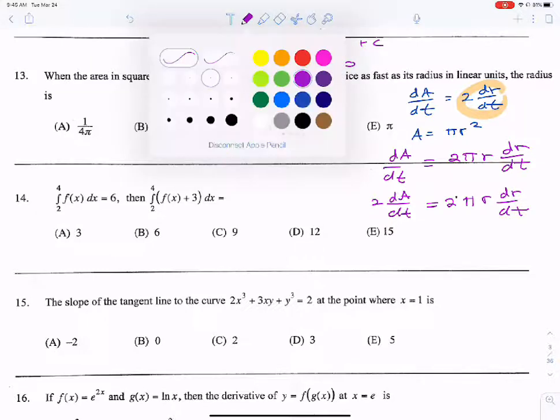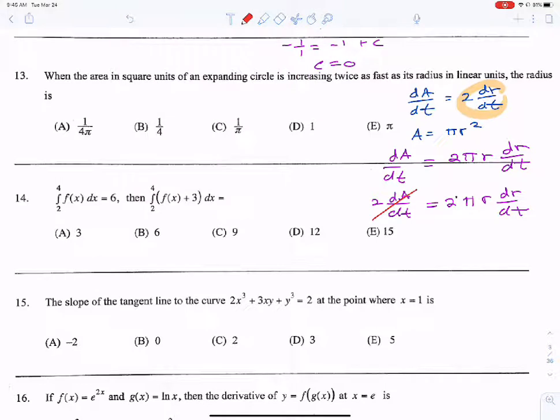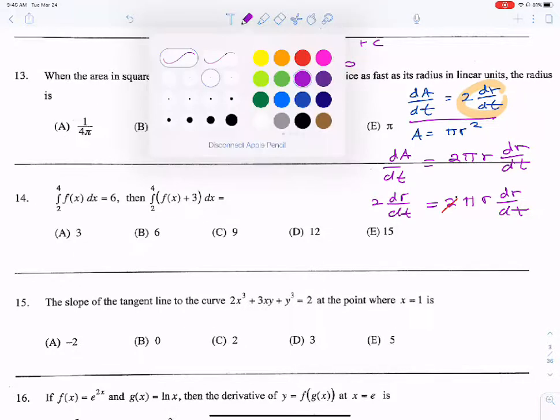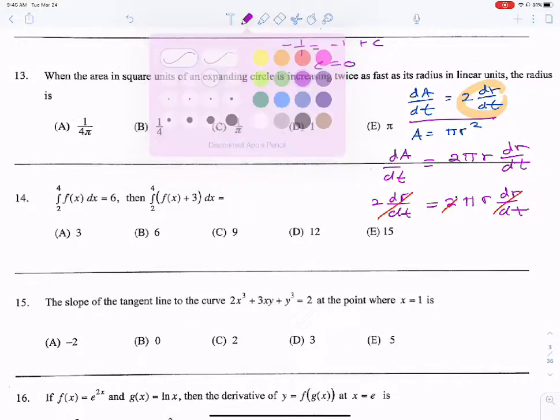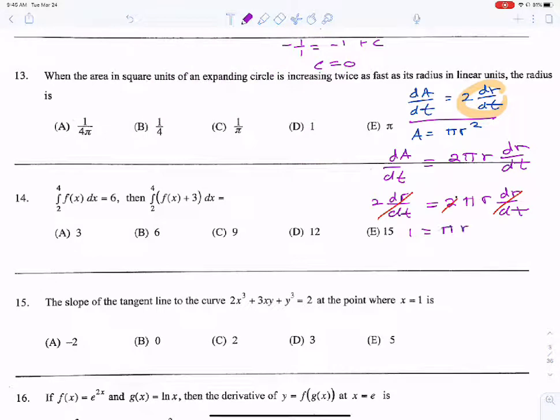Sorry, I'm having troubles today. Pausing just for a second, I replace the dA dt with 2 dr dt, as we said up here. Now, I'm going to cancel out the things that are on both sides. So I'm left with 1 equals pi r. So 1 over pi has to equal r.